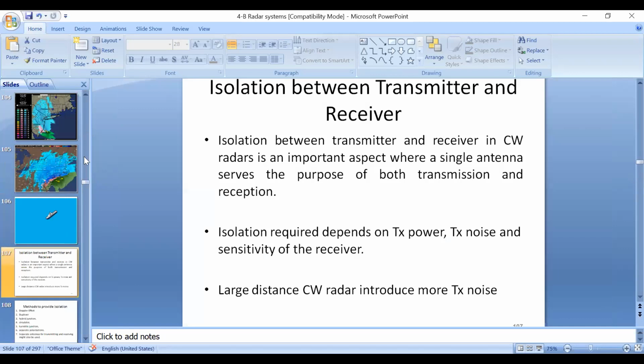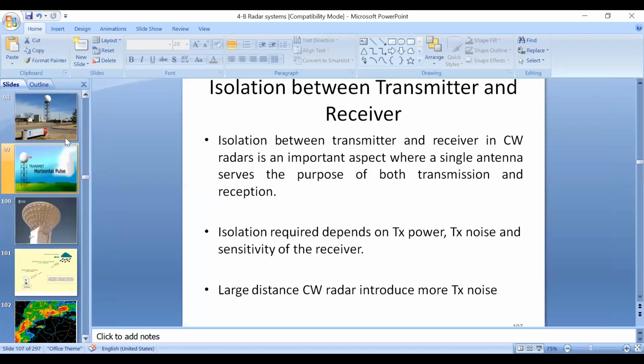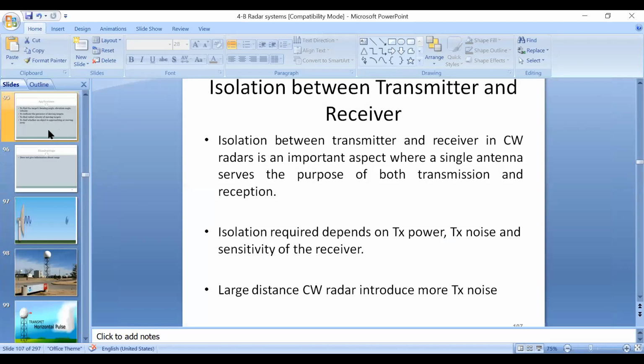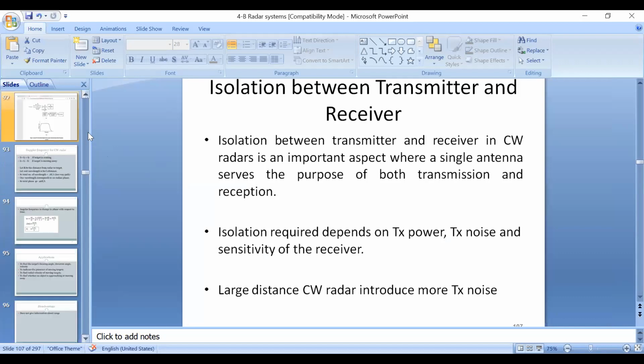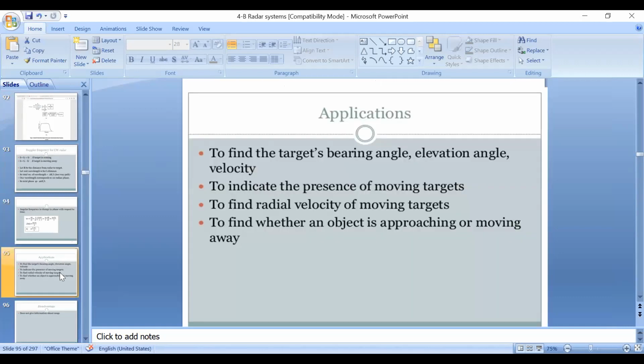I will show it later. It is one type of radar noise which occurs at the receiver end. Flicker noise has a probability density function of 1 by f, right?